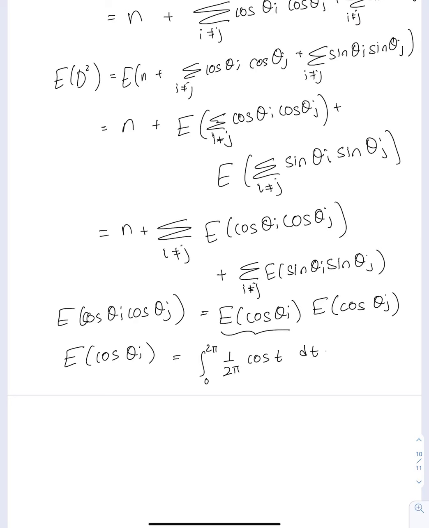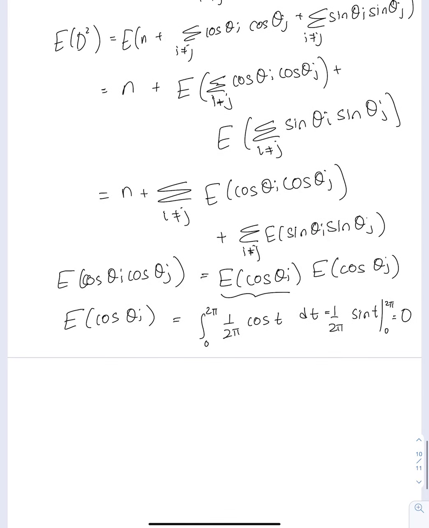So what is this integral? That's 1 over 2 pi times the integral, which is sine t from 0 to 2 pi, and sine 2 pi minus sine 0 is just 0. So this is 0, and each one of these, in fact, will be 0.